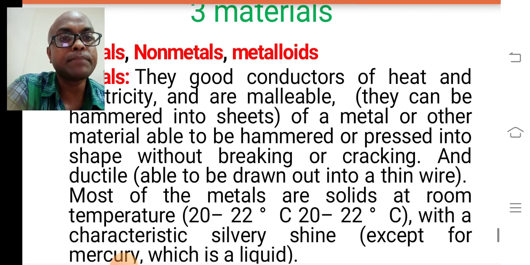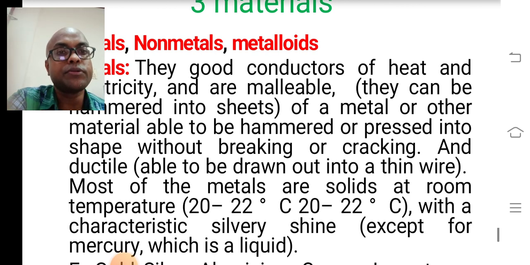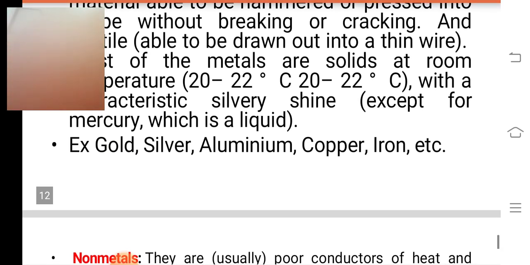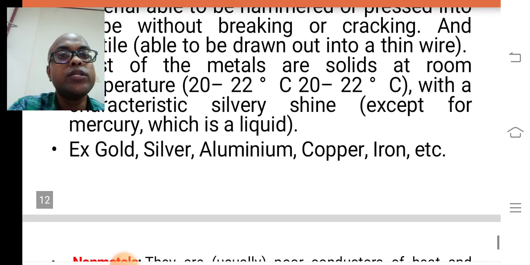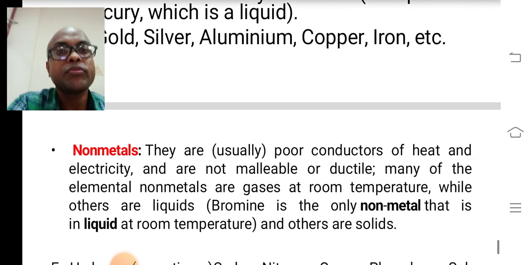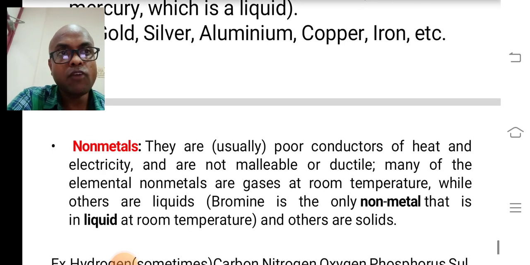Most metals are solids at room temperature with a characteristic silver shine, except for mercury, which is a liquid. For example, gold, silver, aluminium, copper, iron, etc.